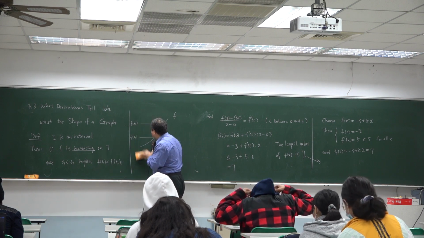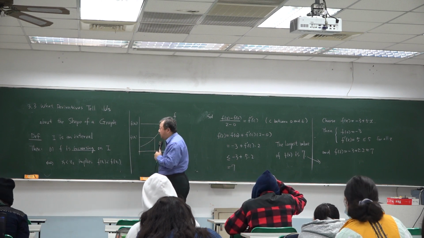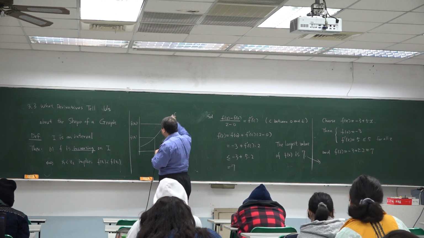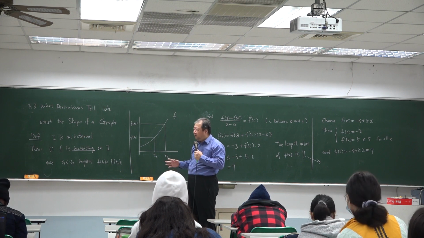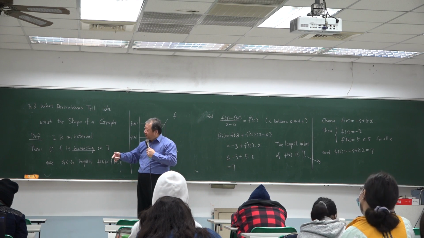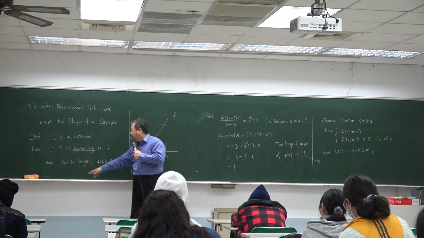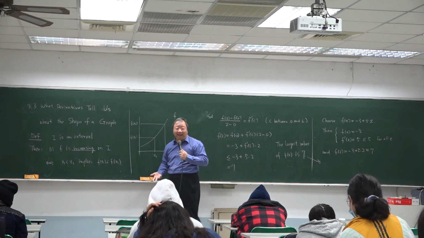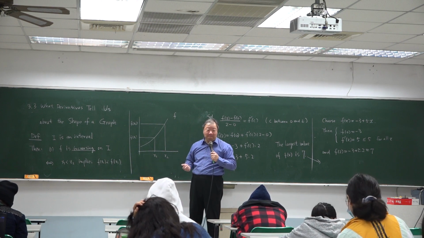Some students prefer to say the graph of this function, from the left to the right, is getting higher and higher. Yes, but getting higher and higher is a very bad usage. Use addition, subtraction, multiplication, division, and less than or equal to. Maybe that is more precise.